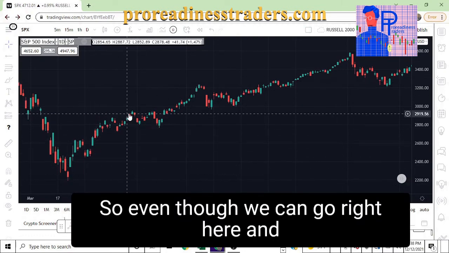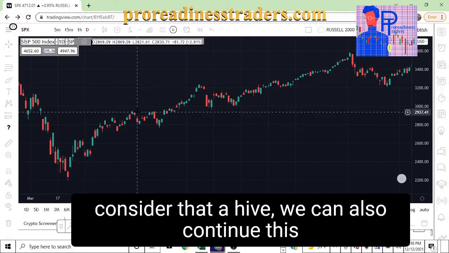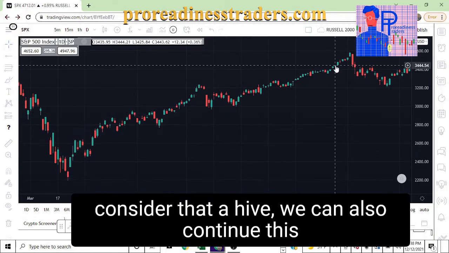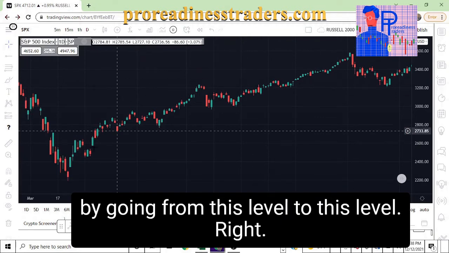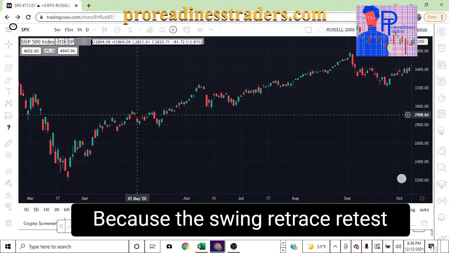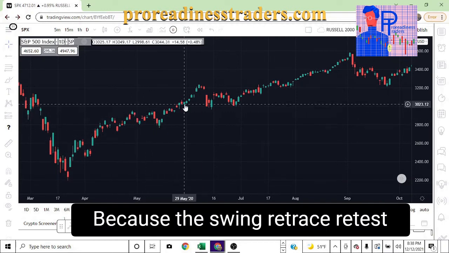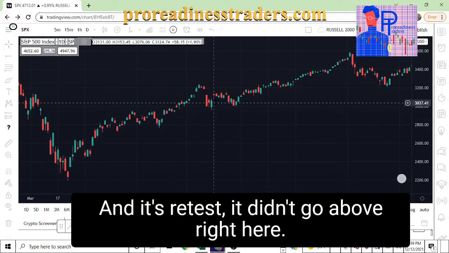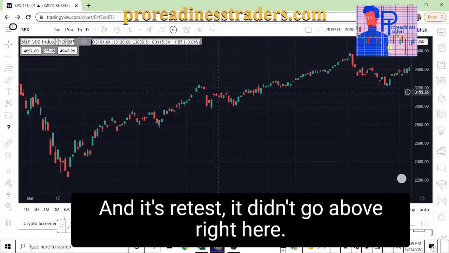So even though we can go right here and consider that a high, we can also continue this by going from this level to this level, because the swing, retrace, retest continued. Swing down, retrace down, and on its retest it didn't go above, right?